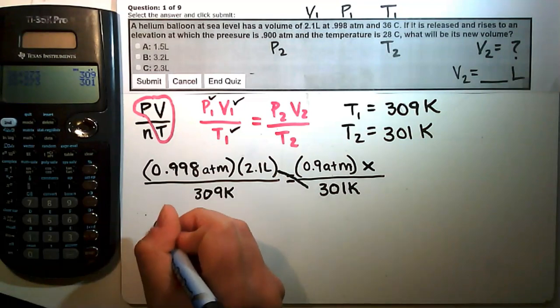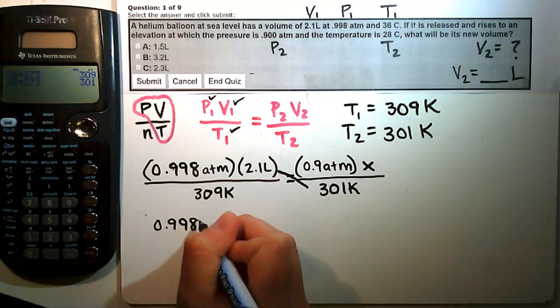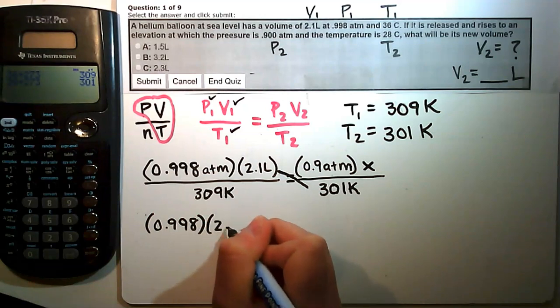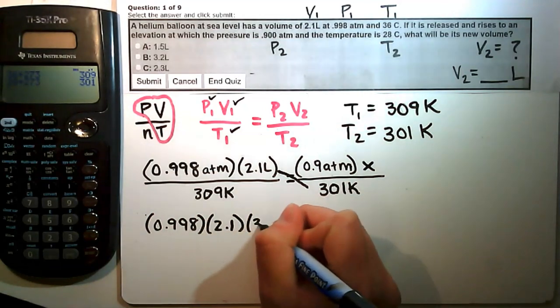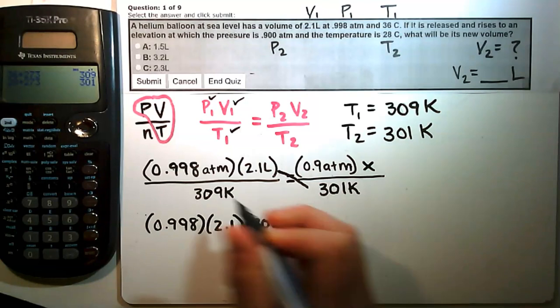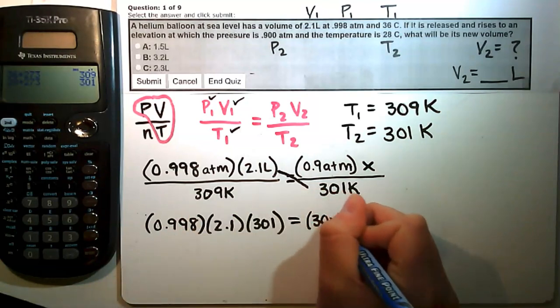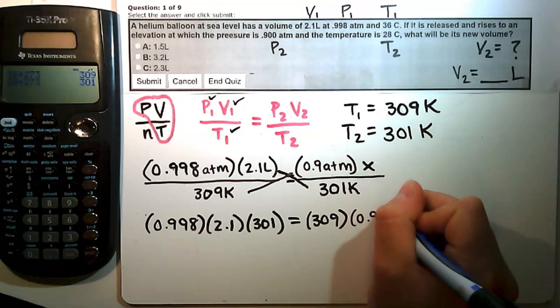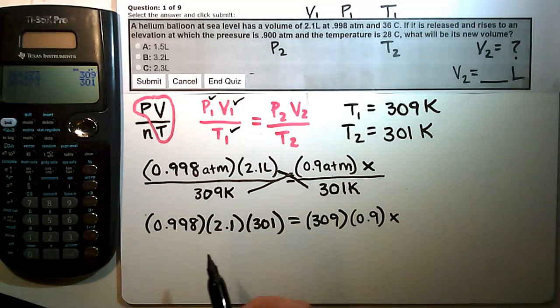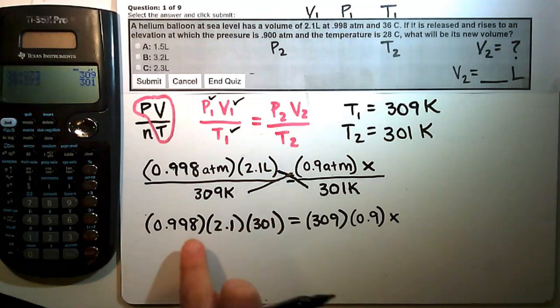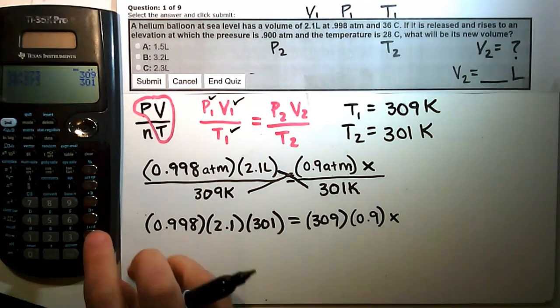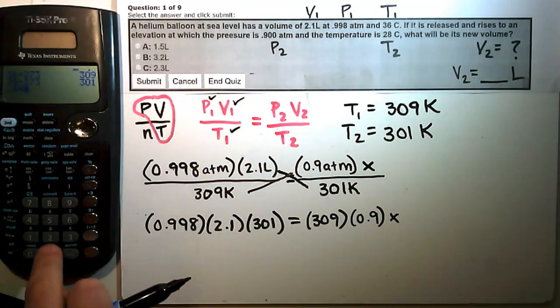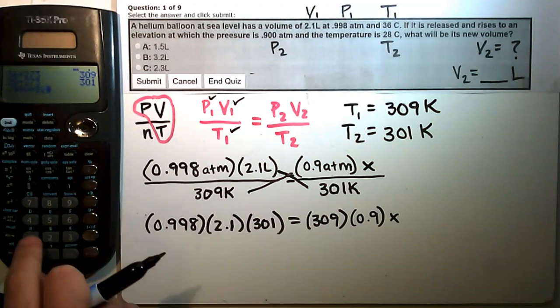So let's see, 0.998 times 2.1 times 301 will equal 309 times 0.9 times x. Alright, so I'm going to go ahead and multiply these numbers together to combine some like terms. 0.998 times 2.1 times 301.